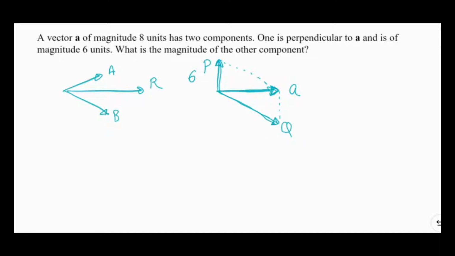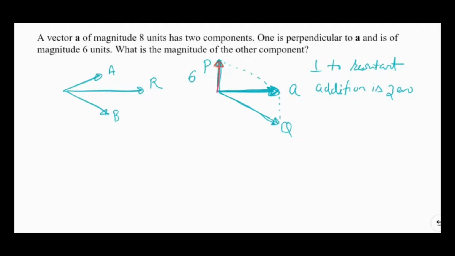Now we can find this magnitude by using the property that when two vectors are added, if their resultant is along this direction, then the resultant perpendicular to that direction should be 0.